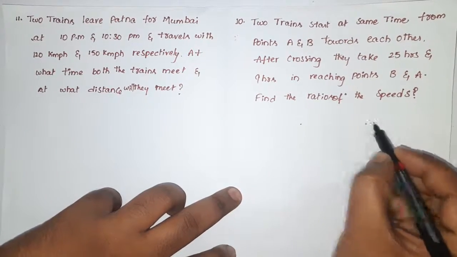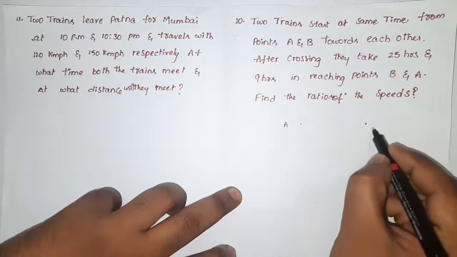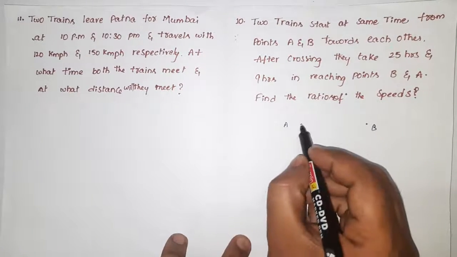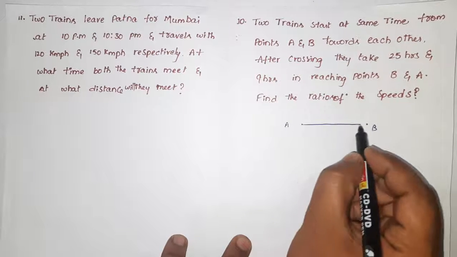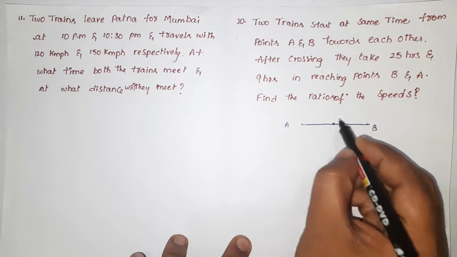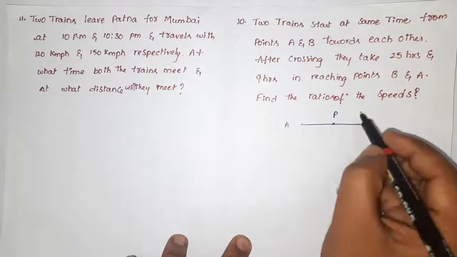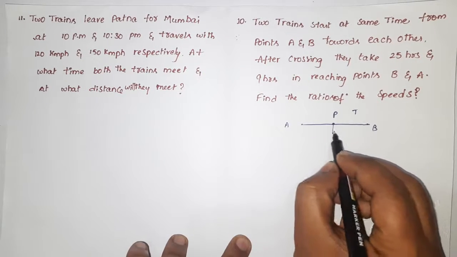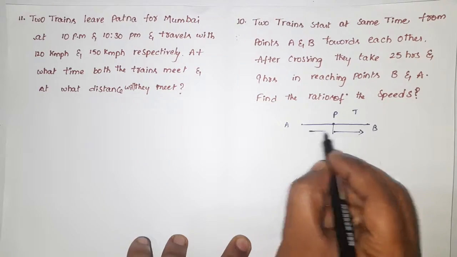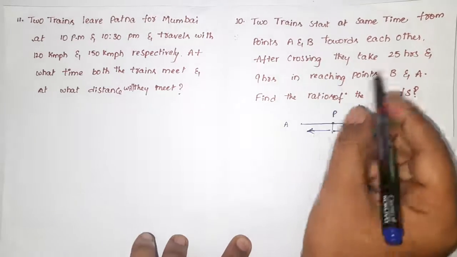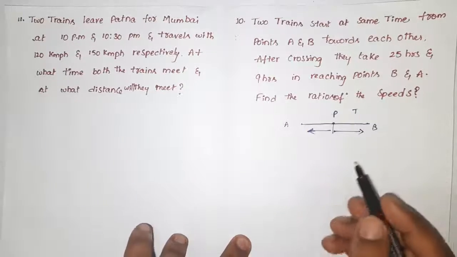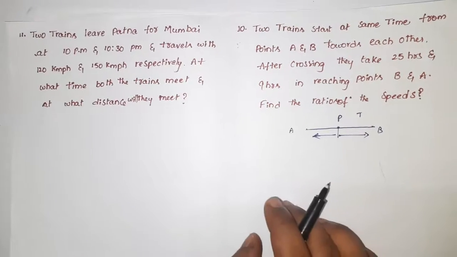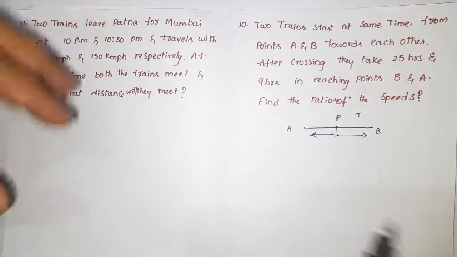Two trains started at the same time from point A and point B respectively, and they met at a particular point P after some time T, and after that they completed their remaining journey in 25 hours and 9 hours respectively. So we need to find the ratio of speeds of the trains.